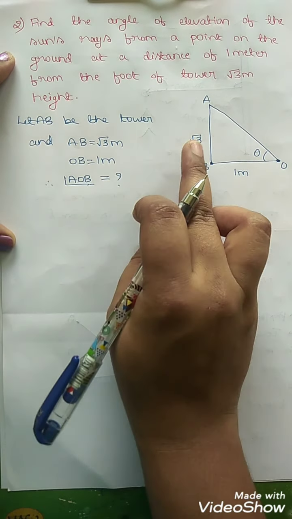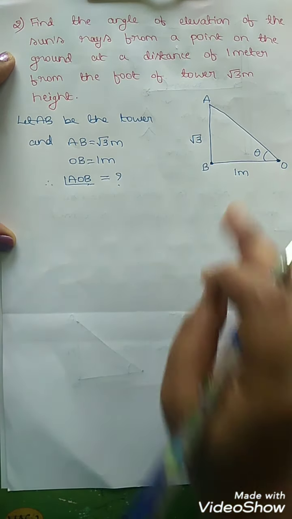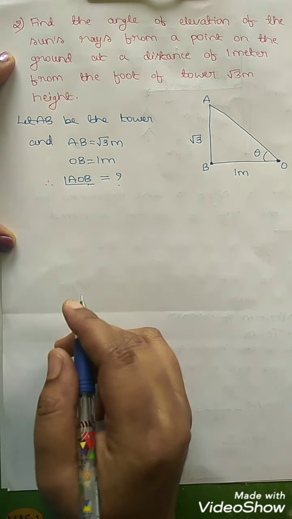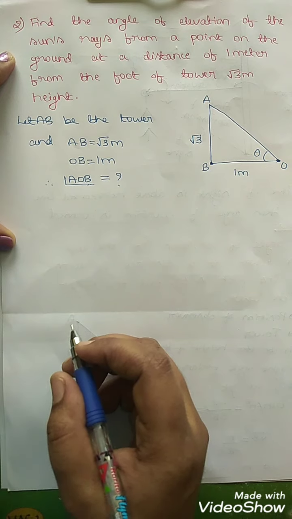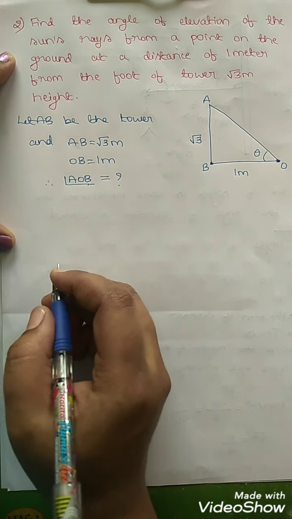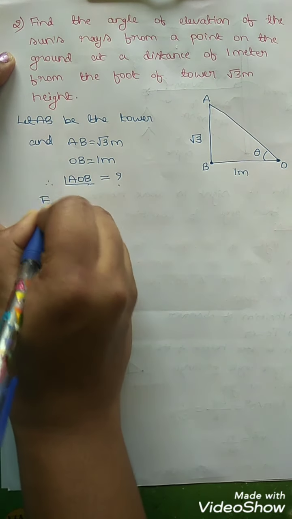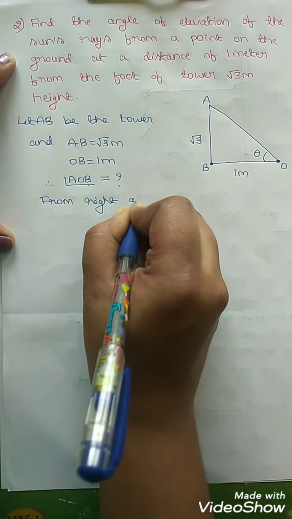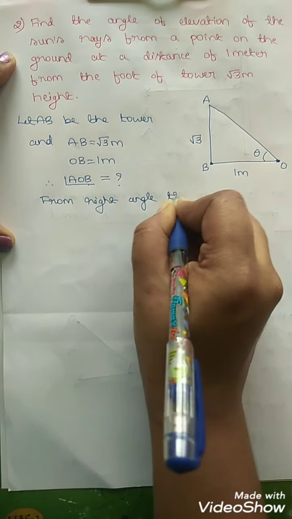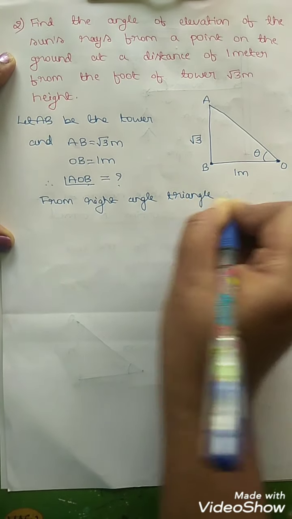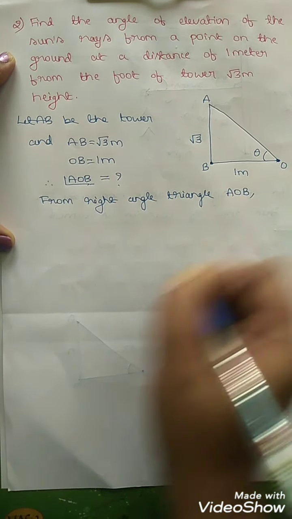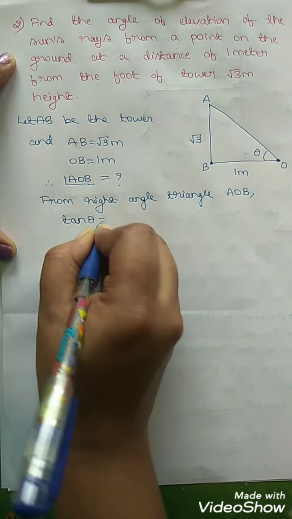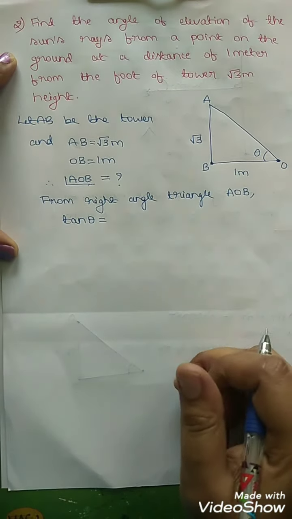So here we know the opposite side and adjacent side. Opposite and adjacent come in which trigonometric ratio? That comes in tan. Apply tan theta. From right angle triangle AOB, tan theta equal to opposite side by adjacent side.